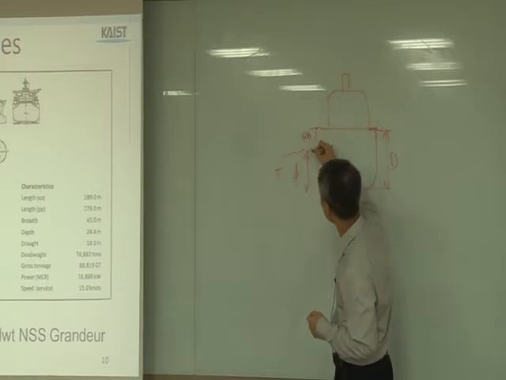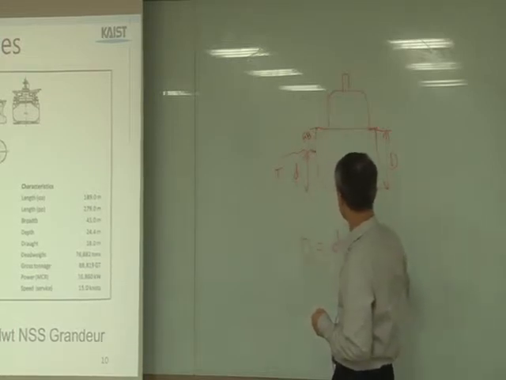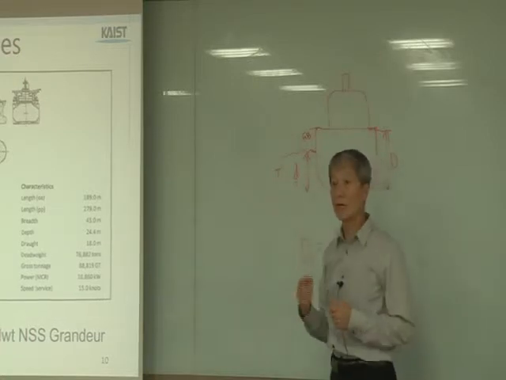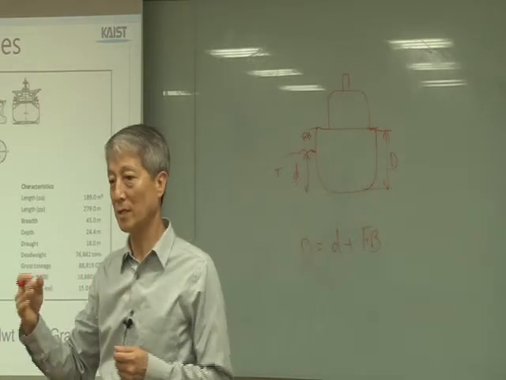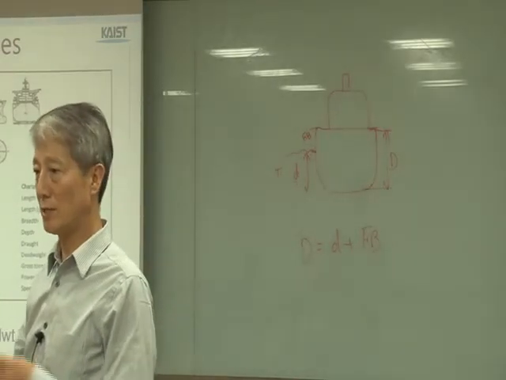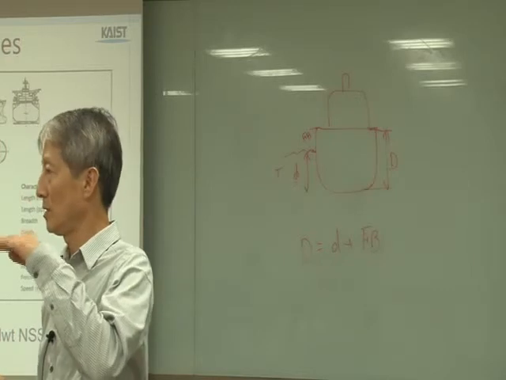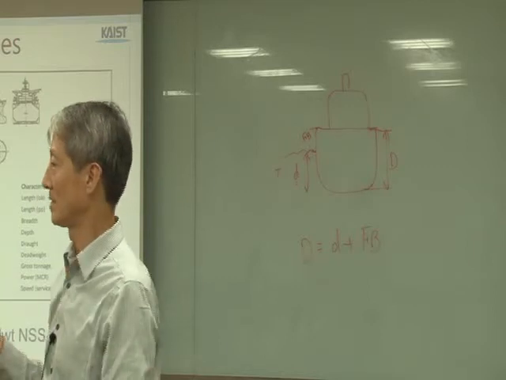Freeboard. So depth is made of draft plus freeboard. Freeboard is a requirement for safety. The regulatory bodies, classification societies, and the International Maritime Organization set up that a ship should have enough freeboard for safety, right?